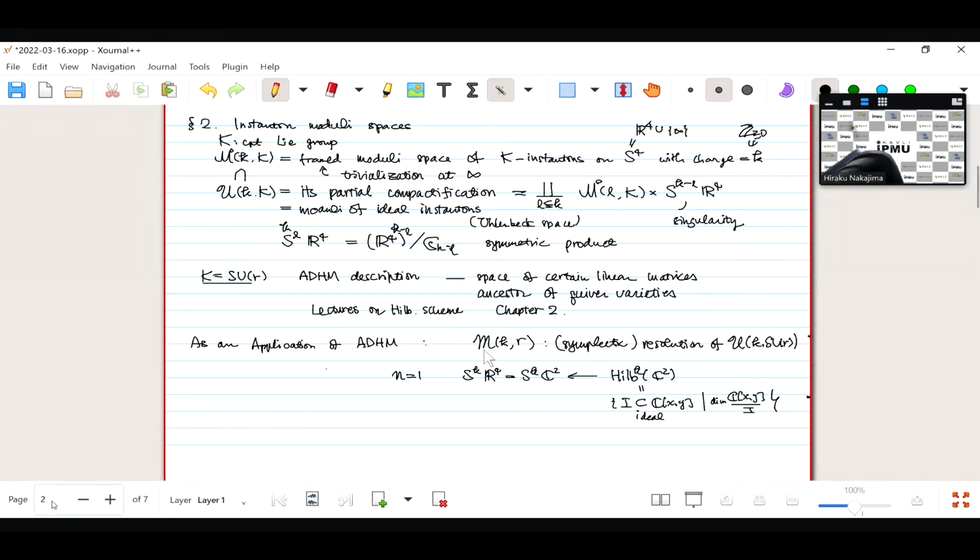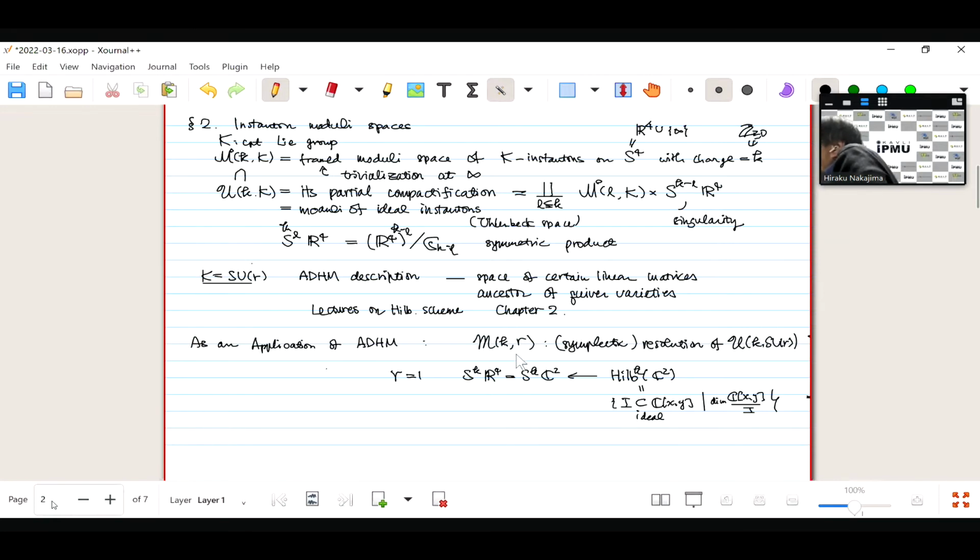Okay, so M(K,R) is some slight modification of U(K,R), and it is the so-called symplectic resolution of this Uhlenbeck space for SU(R). For R equal 1, somehow SU(1) is excluded, but you can formally consider M(K,1).